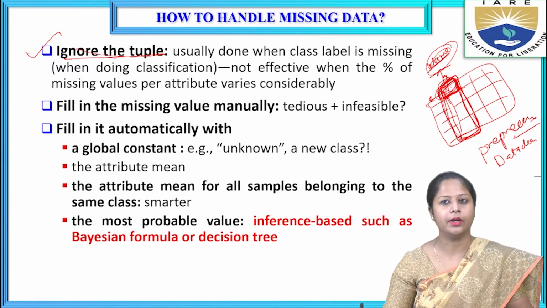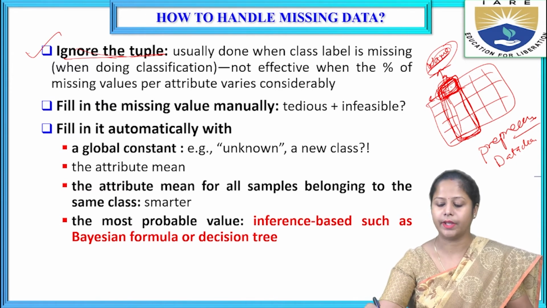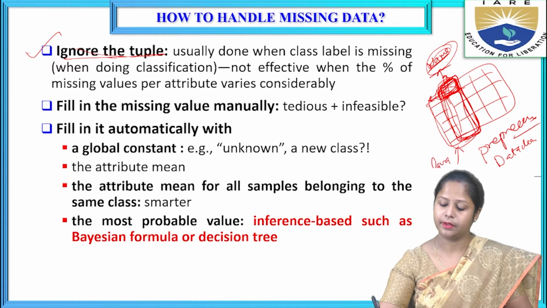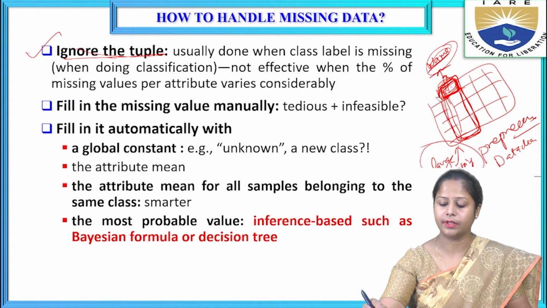So that will not be effective when the percentage of missing values per attribute varies, when the missing values are large in number. If missing values are large in number, the data will not be effective if we exclude that whole data.